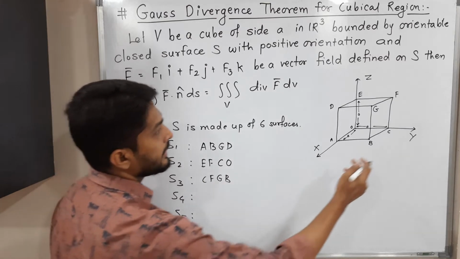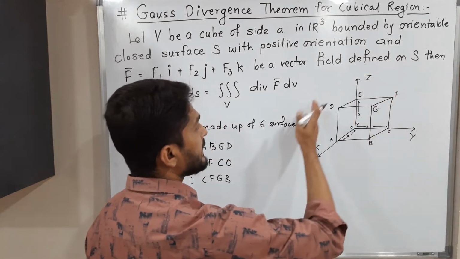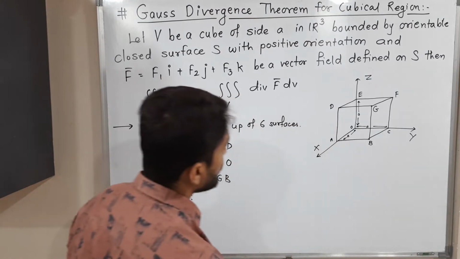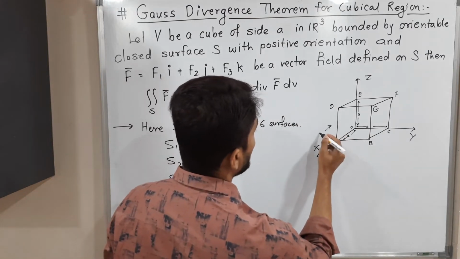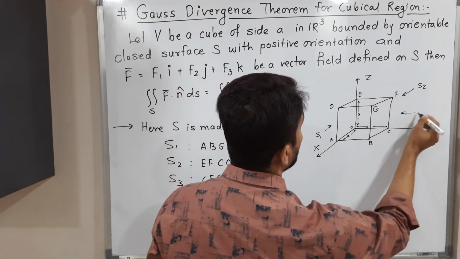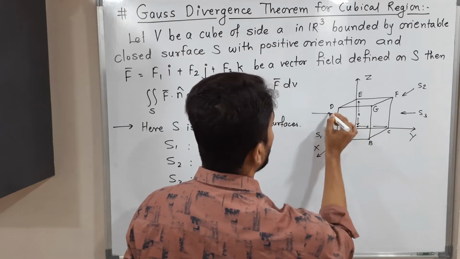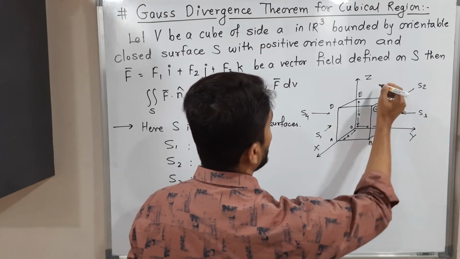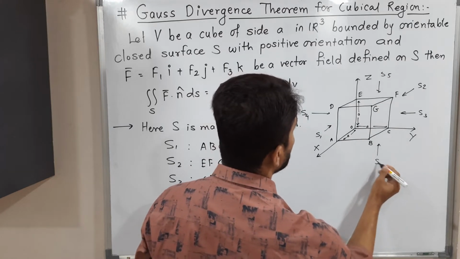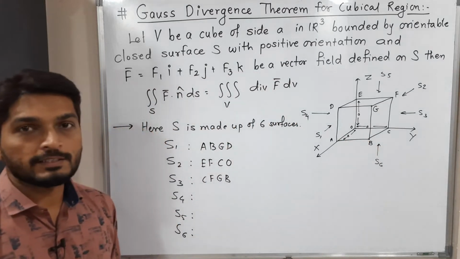And exactly on the back side of S3 is our S4. So on this side we have S1, on the back side we have S2, on this side we have S3, on the back side we have S4, at the top we have S5, and at the bottom we have S6. So these 6 different surfaces we have.